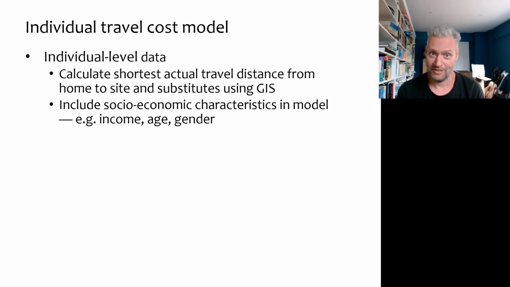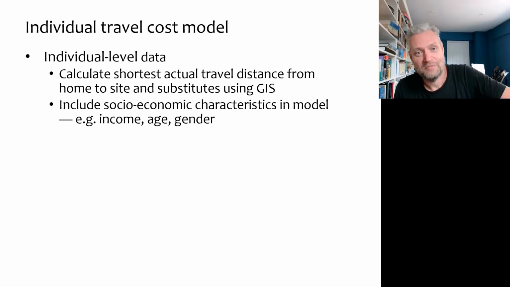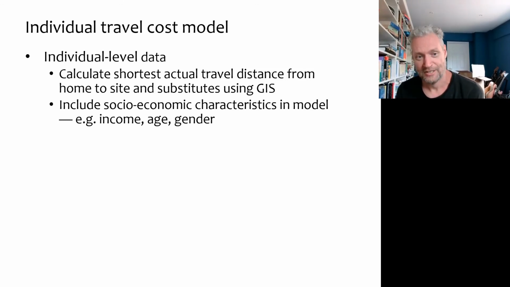If you use the zonal travel cost method, then you have just a bunch of people, and you can assume that people are equal to the average of their zone, but that is a pretty hairy assumption. And the good thing about the individual travel cost method is that you can actually include the characteristics of the people who do the traveling, and oftentimes they are different by characteristic.